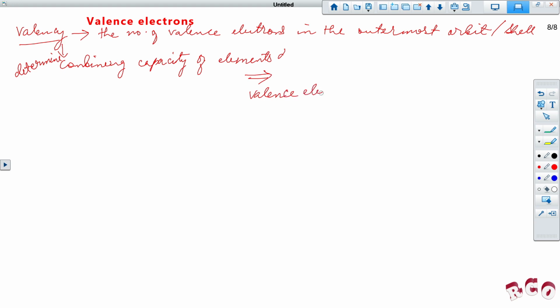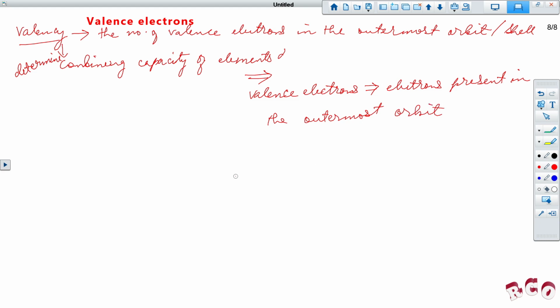So what are valence electrons? Valence electrons are the electrons present in the outermost orbit.